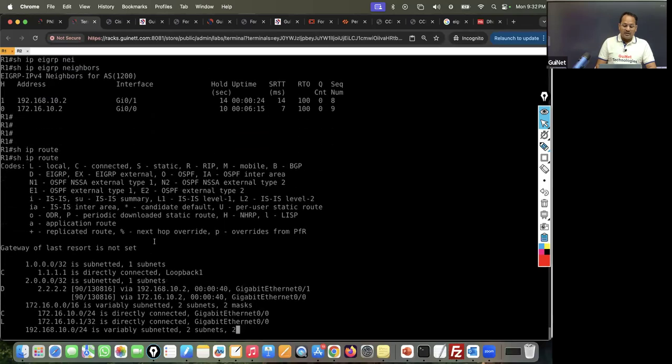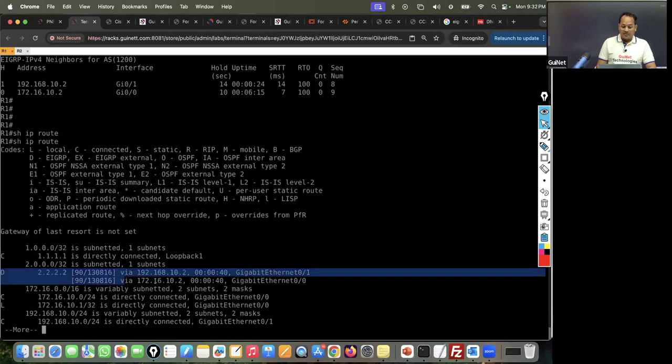You see it is having two paths, and both links have the same metric. Why? Because they are connected with the same interface type, just one hop router, and the metric calculation is happening based on the composite, not just the link.